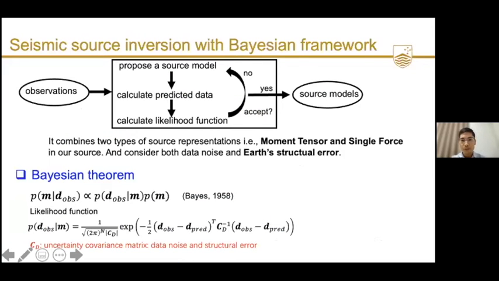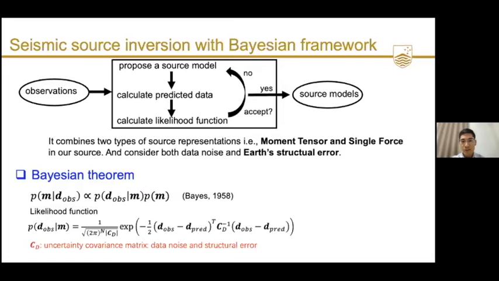Here, we provide a solution for that. We use a more generalized source representation in our method to explore a wide range of earthquake sources. We did the source inversion in the Bayesian framework because it has a great advantage for uncertainty estimation. In Bayes' theorem, the probability of each solution M is proportional to the likelihood function and our prior information about the source.